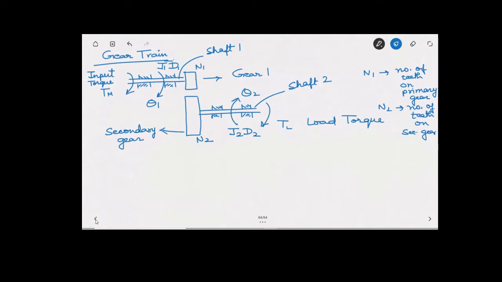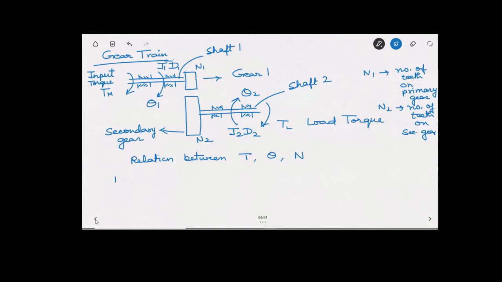This is the gear train. What we do here is find the relation between the torque T, the angular displacement theta, and the n of the gear train. So the relation between the torque, angular displacement, and n of the gear train.